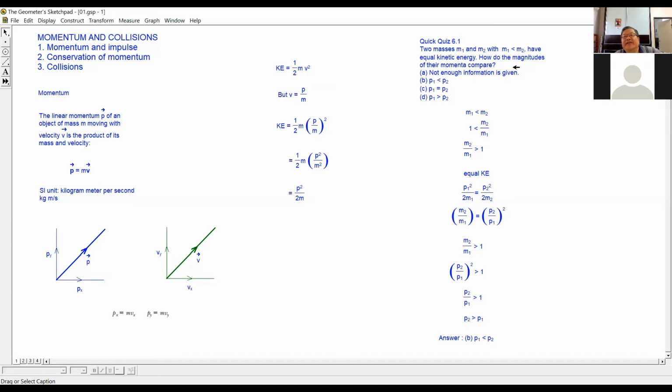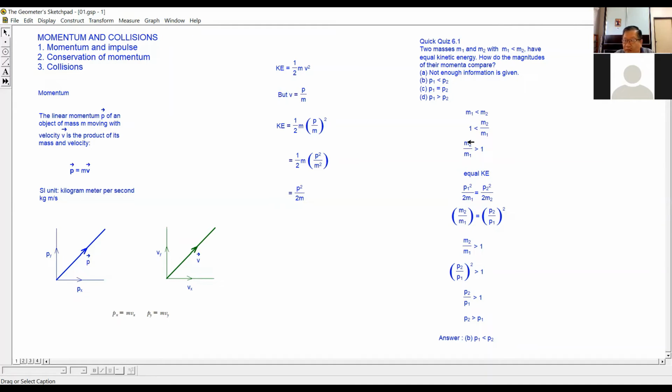We have two objects. One object is m1, the other object is m2. We know that m1 is less than m2. That means the first object is lighter than the second object. But they tell us both of them have equal kinetic energy. One lighter object, one heavier object.